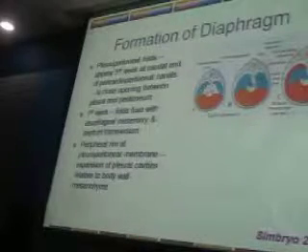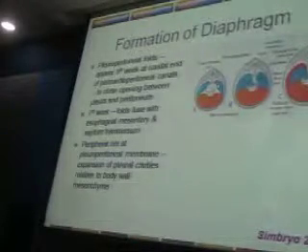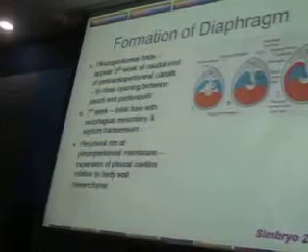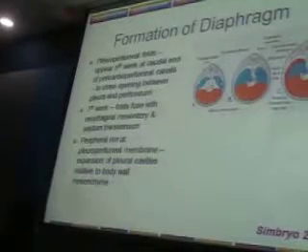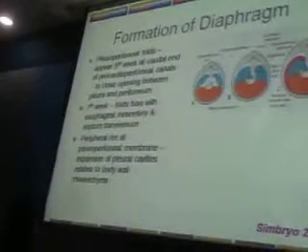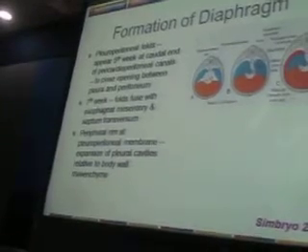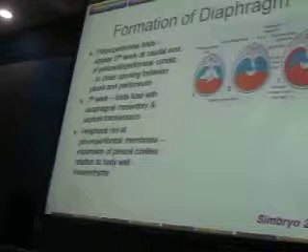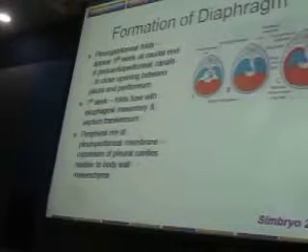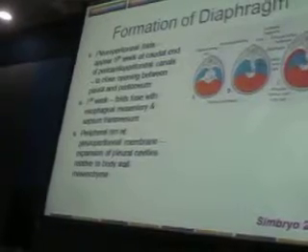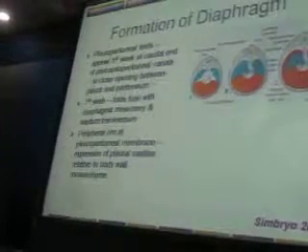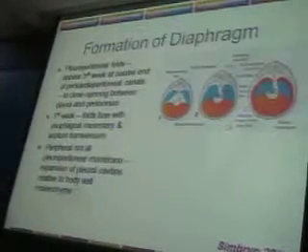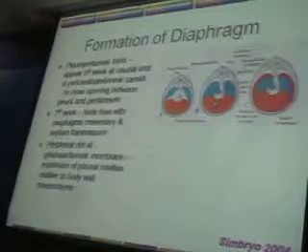Okay? It appears on the posterior wall, towards the caudal end of your pericardioperitoneal canals. So, what will it do? It will grow medially and ventrally to unite with your septum transversum and with the mesentery of your esophagus to completely close the openings, so that from this point, separated na ang thoracic nyo from your abdominal cavity.